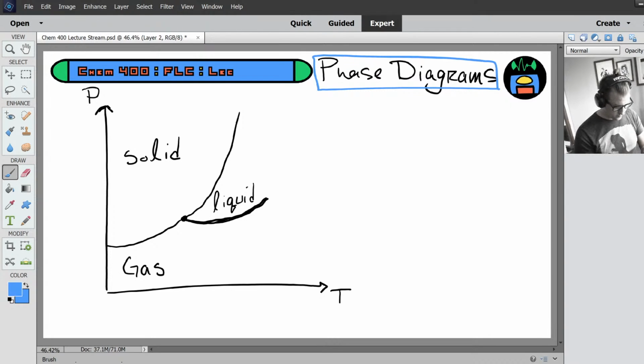And so, if we're going to add some color, over here we're dealing with liquids. Down here we're dealing with gases. And then in here we're dealing with solids.